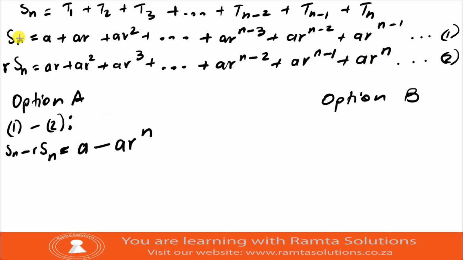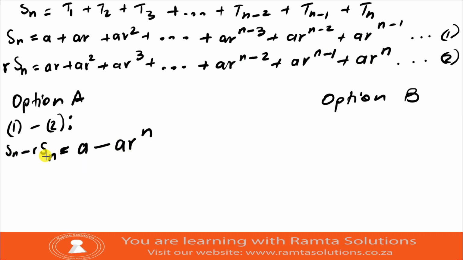I repeat, this minus this, Sn minus R Sn. Here we don't have A, so A is left alone. AR minus this AR, AR squared minus this AR squared, similarly they cancel like that, hence I'm left with A minus AR to the n.